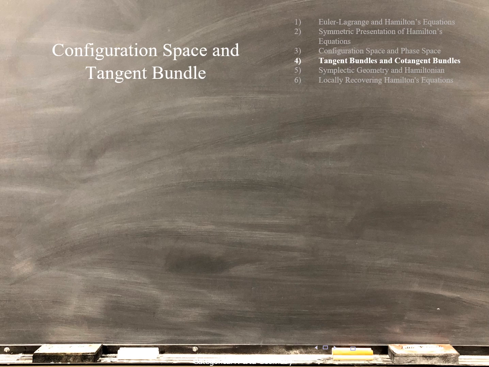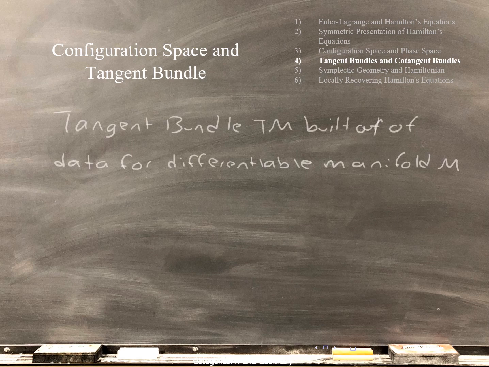Right. So in terms of the precise structure which is going on here, phase space will be realized as what's called the cotangent bundle. So this is what's relevant in Hamiltonian mechanics. And configuration space will be realized as what's called the tangent bundle over our differentiable manifold. And this is what's relevant in the Lagrangian case. Right.